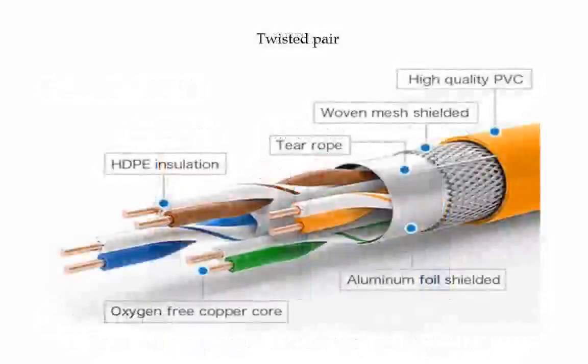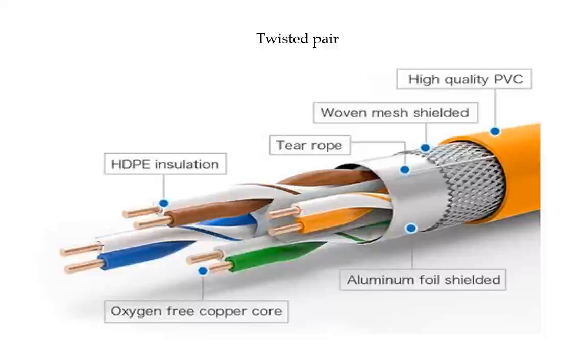This is a clear picture of twisted pair cable. We have 8 wires with different colors. For example, an orange cable, and another cable is white with an orange stripe, a green cable and white with a green stripe, a blue cable and white with a blue stripe, a brown cable and white with a brown stripe. Each of them is twisted individually, that is why we call this cable type twisted pair.